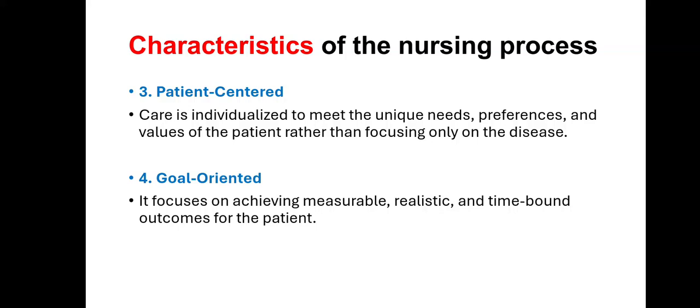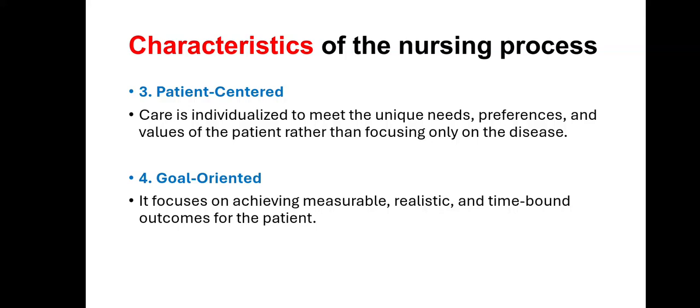So for example, if you create the goal to say improve normal breathing within 1 hour of hospitalization, meaning you are going to make sure that the patient restores their normal breathing within 1 hour of their hospitalization.